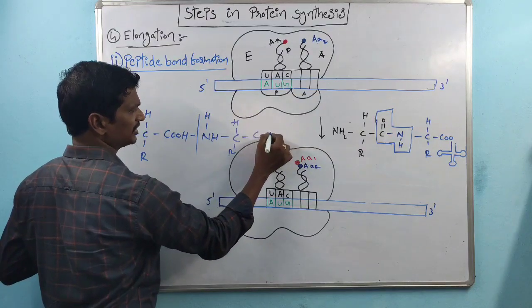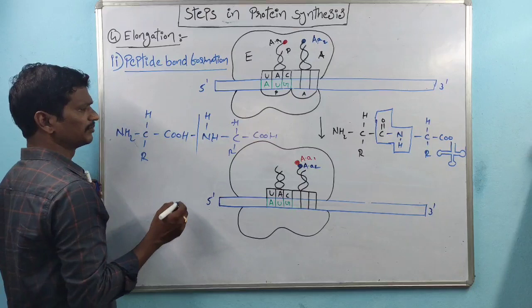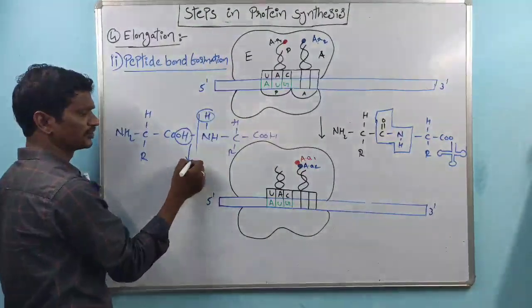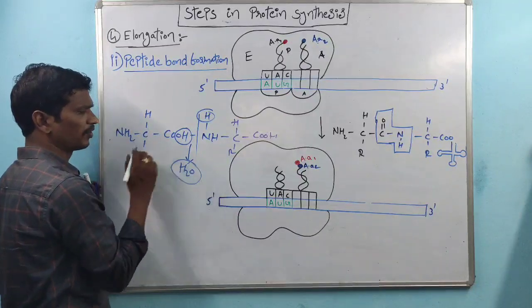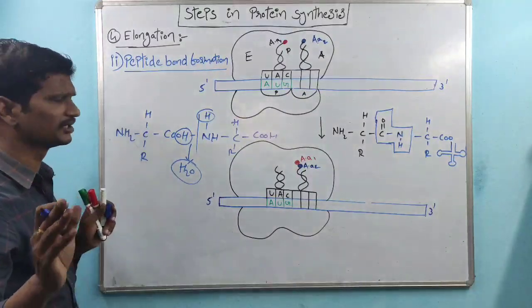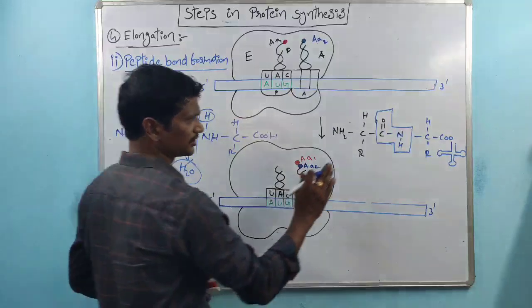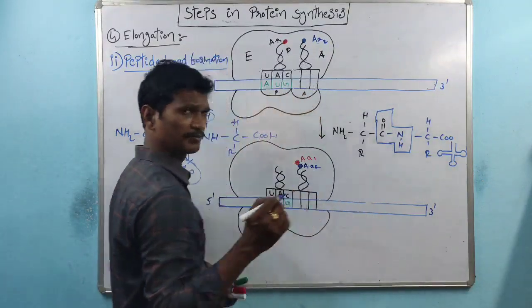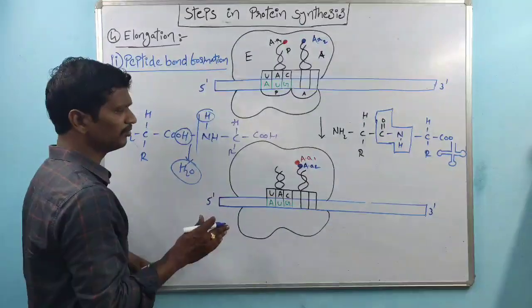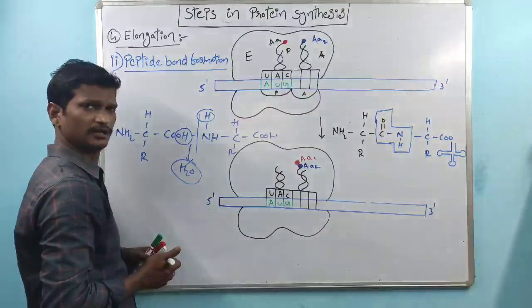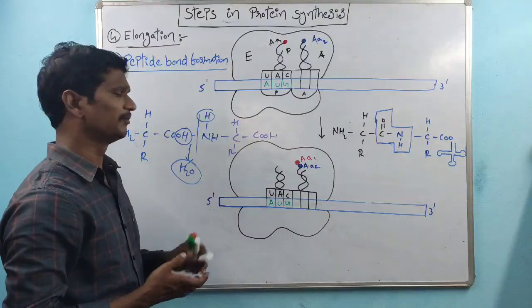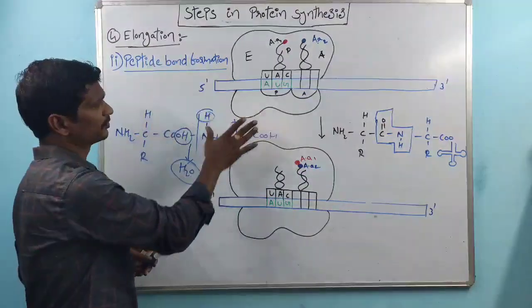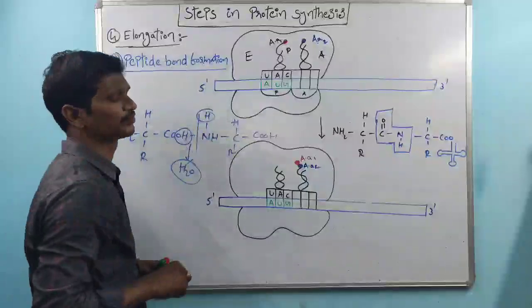During peptide bond formation, one water molecule is removed. This is the peptide bond, C double bond O and H. The peptide bond is formed by the peptide transferase enzyme.